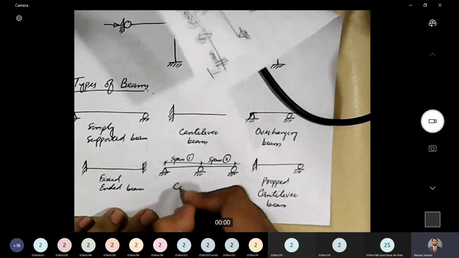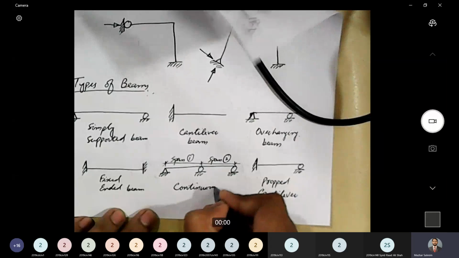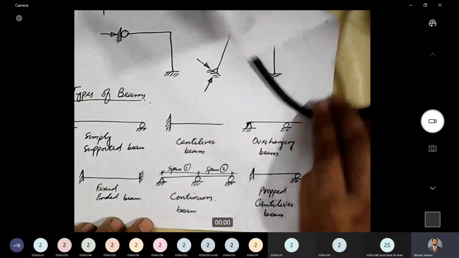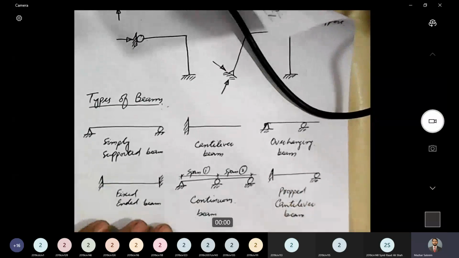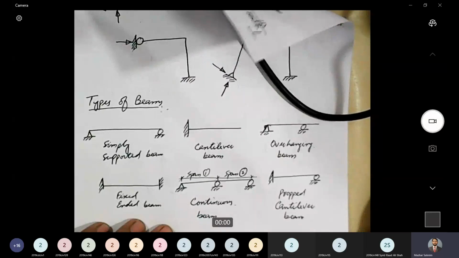This one is a continuous beam. So these are six common types of beams that we will be dealing with. If you study literature, you might find some other types as well, but these six are the common ones.